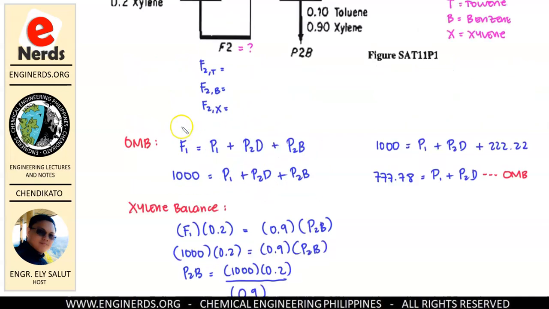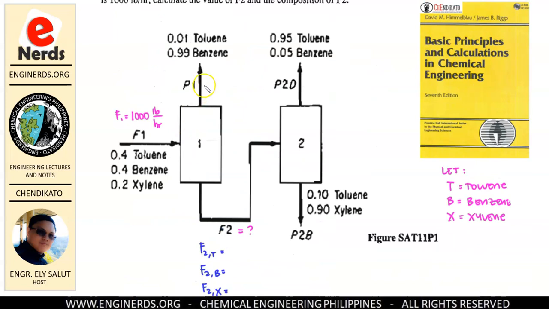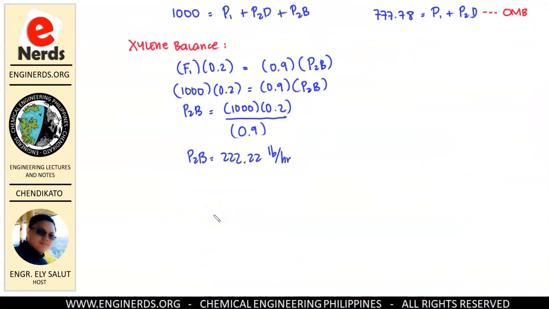Alright, so our next step is to conduct material balance dito sa ating first unit. Okay? So, we have entering F1 and we have leaving streams P1 and F2. Let us have unit 1 balance.